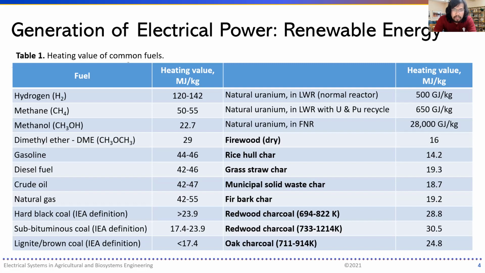There's the burning of the fuel in a furnace, and then a fluid, usually water, is evaporated to generate steam, and that steam is directed towards a turbine and runs this turbine that is connected to a shaft, with that shaft generating power via the generator.